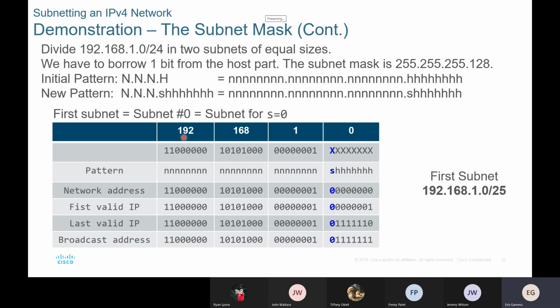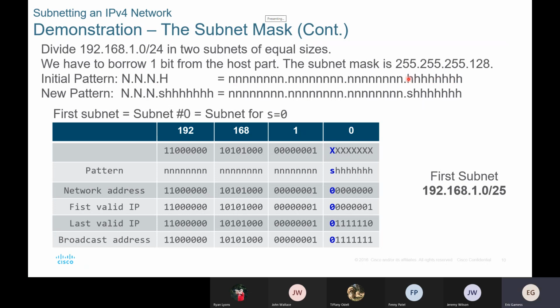So look at 192 in binary, 168 in binary, 1 in binary. All these I cannot change because they belong to the network part. Now, in the host part, initially we did have 8 host bits, H, 8 times.